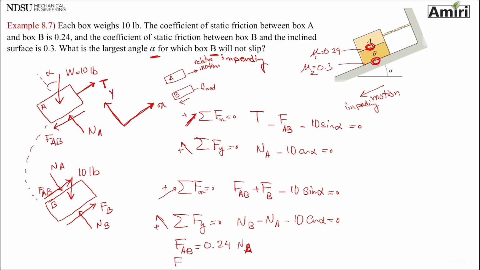FB, I'm going to replace by 0.3 NB. If you solve these equations and find all of the unknowns, the alpha is going to be 40 degrees.